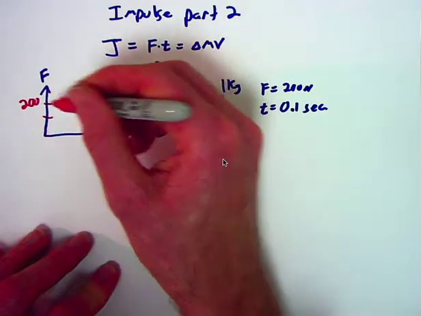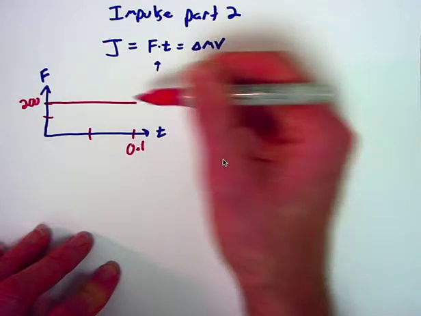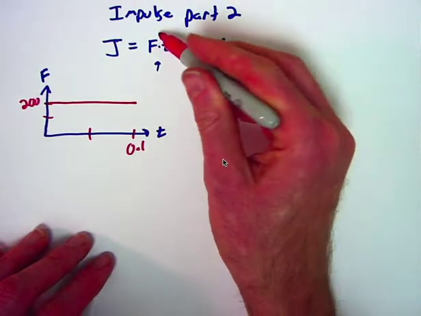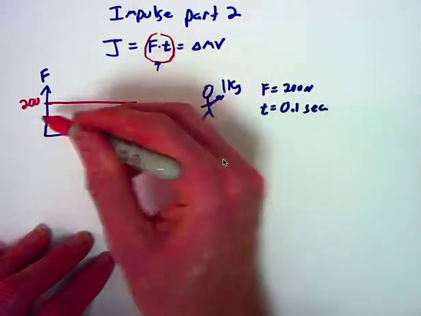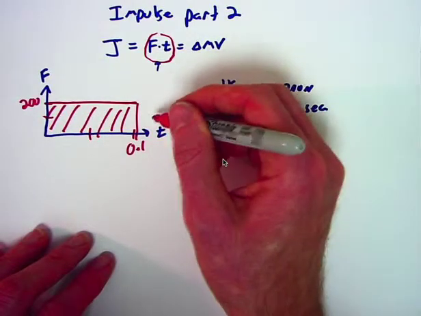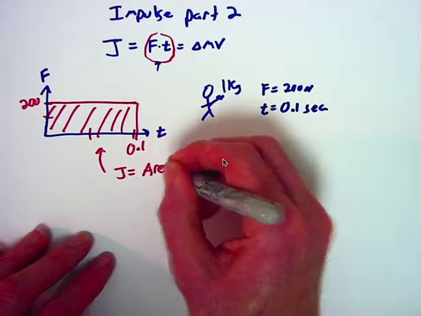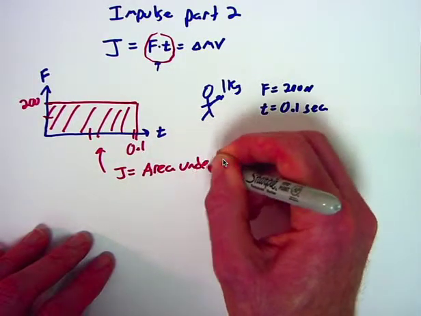So here's the force. Over time, the force just stays up there, just like that. So we can see that force times time is actually just the area underneath here. So the impulse is the area under the graph.